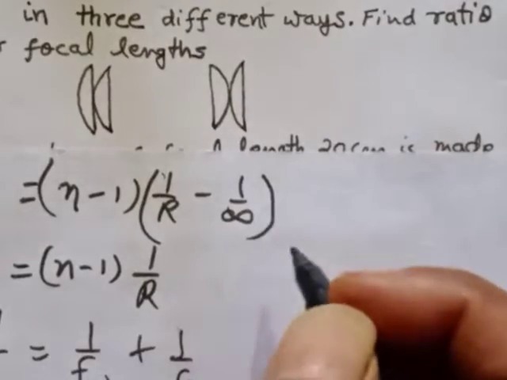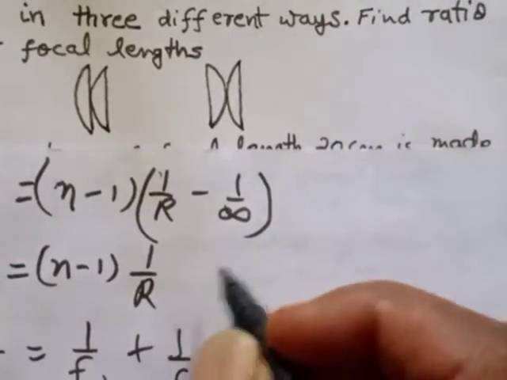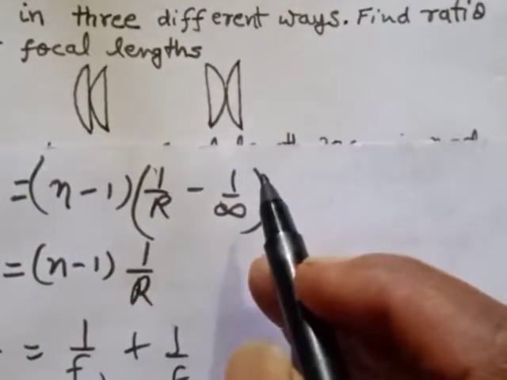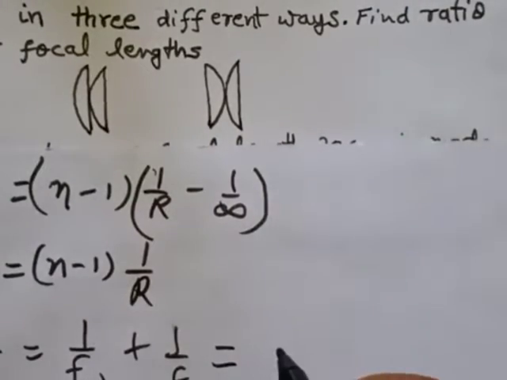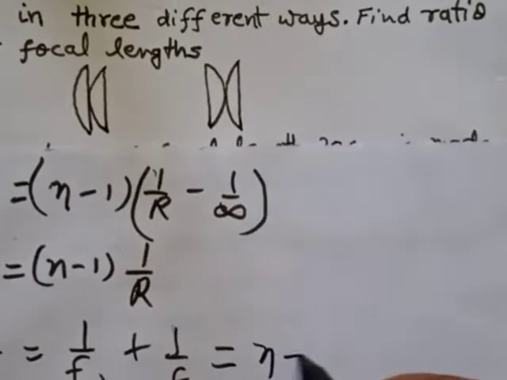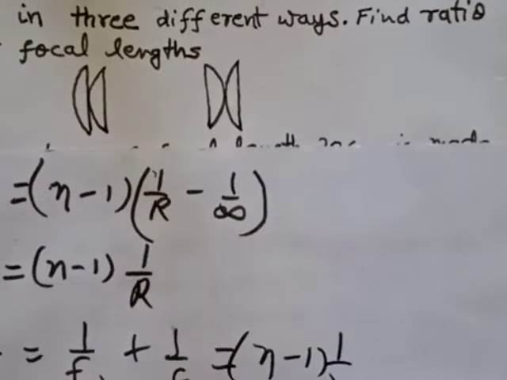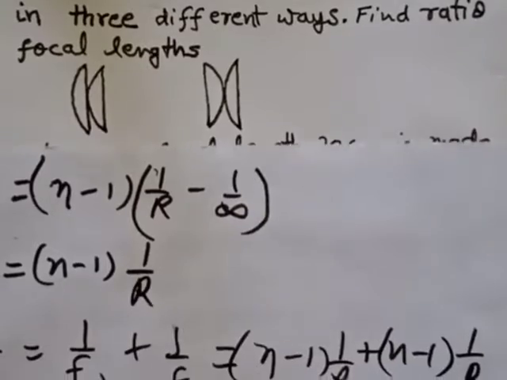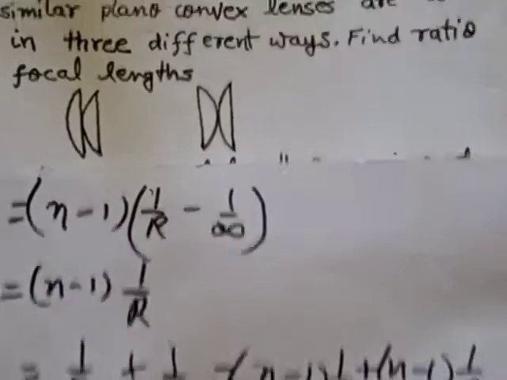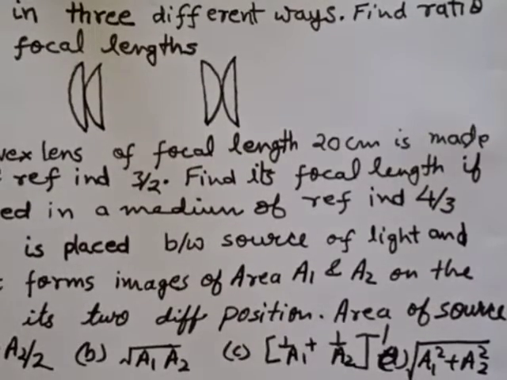So for all the combinations, the net focal length will be the same, irrespective of the way they have been joined. For each it will be eta minus 1 times 2 by r. That's all. So the ratio will be 1:1:1.